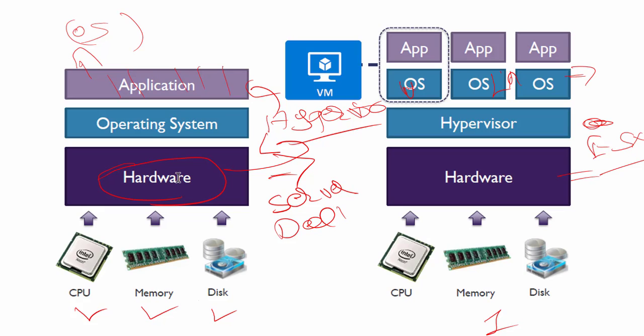Each OS will run a separate binary and application. So if you want to run 10 different applications in our organization, we need not purchase a separate compute workstation for each application. Instead, we can buy one hardware and install ESXi, the hypervisor, and we can split the resources and boot up the applications.